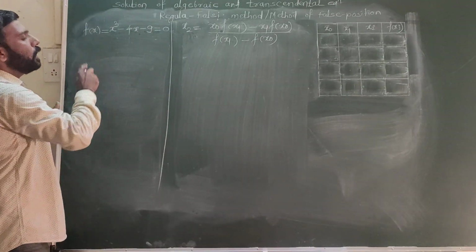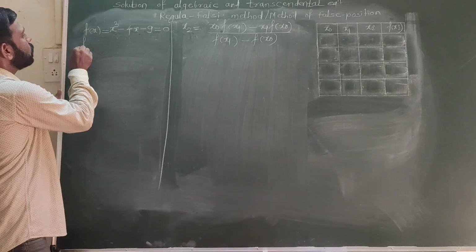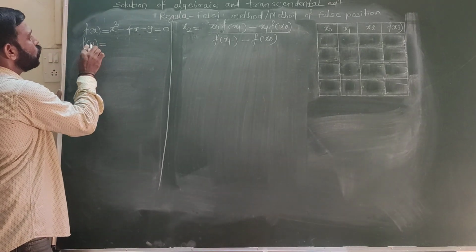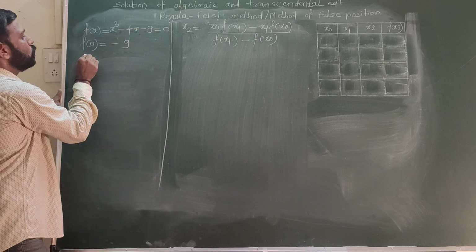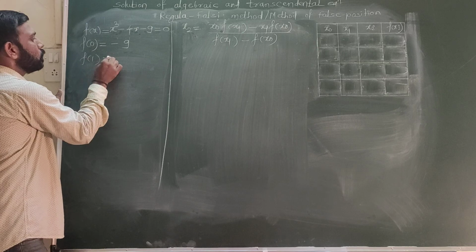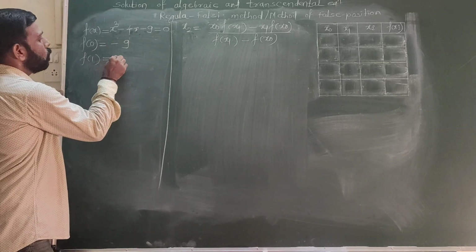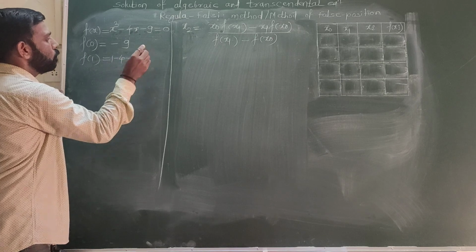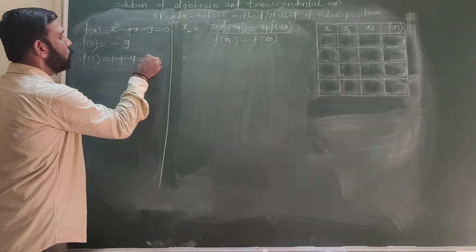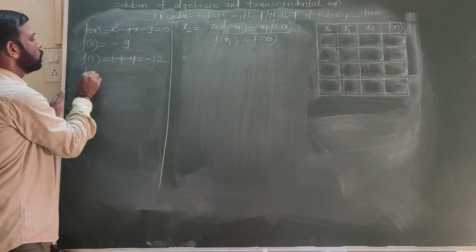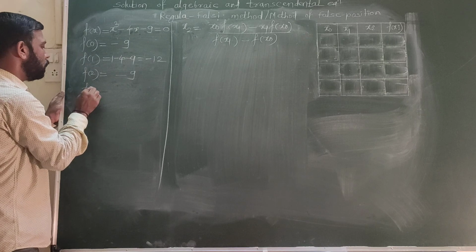Initially we require the interval where our root lies. So for this, start with the first value 0, substitute in this. The first value gives minus 9. Substitute the next number, 1: 1 minus 4 minus 9, the output is minus 12. If we substitute 2, it gives minus 9.